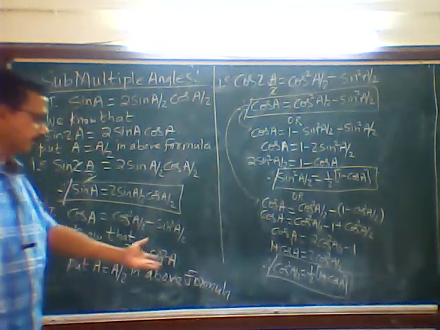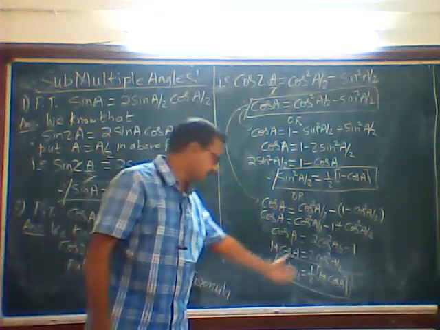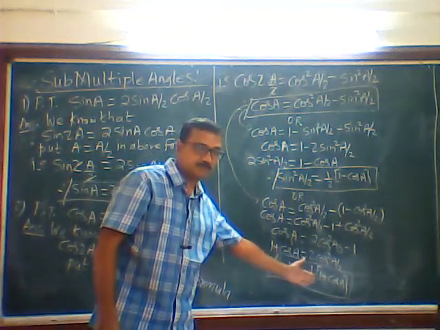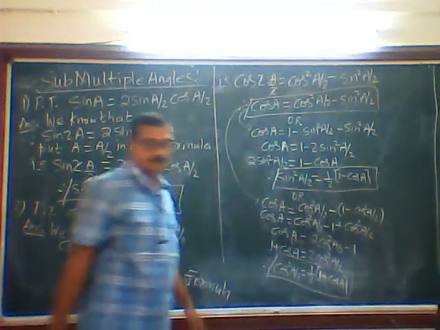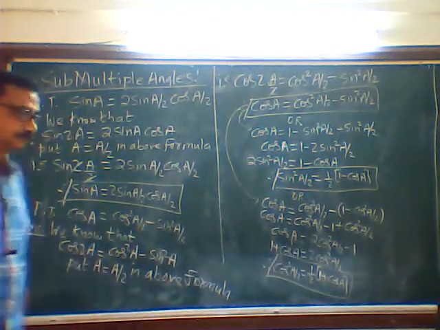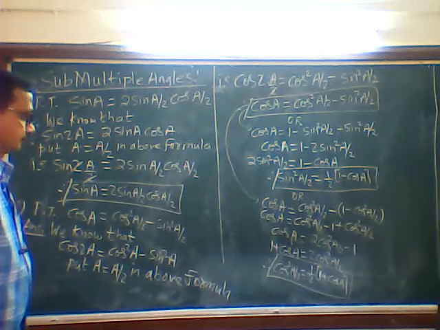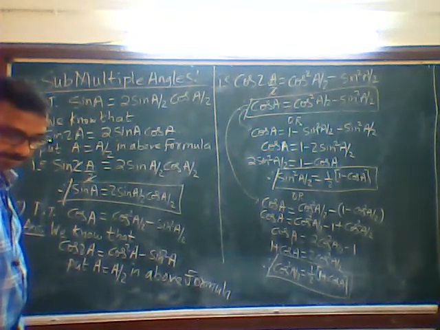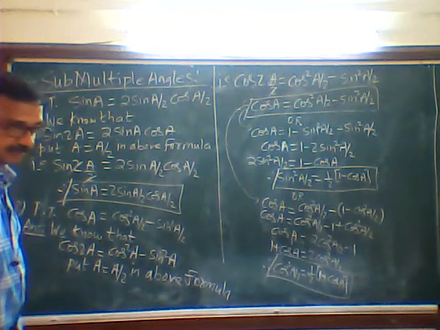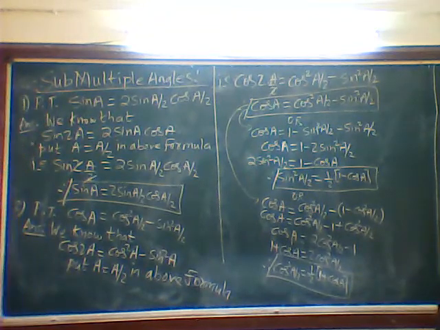So this is how we get cos square A by 2 as half into bracket 1 plus cos A. It is the same way I did previously for submultiple angles.